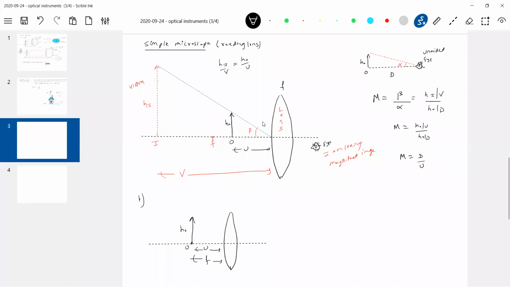This is also the focal length of the lens. Then after refraction, what happens to the rays? As we know, the rays will undergo. Let me use this color.